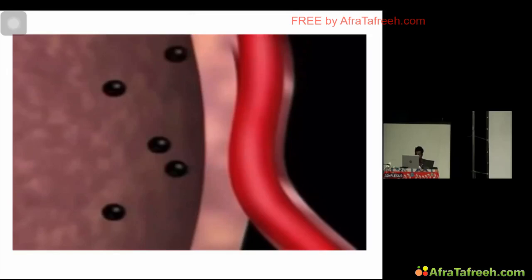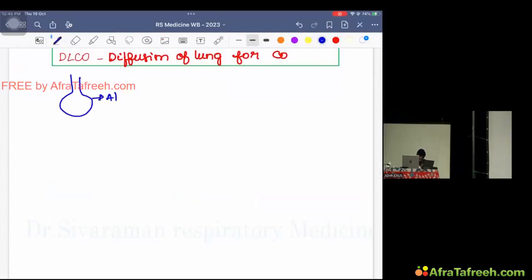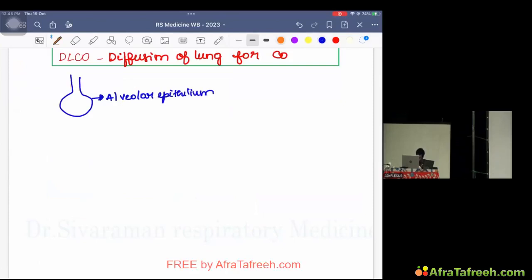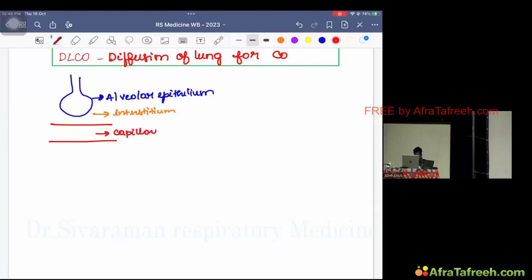So for gas exchange, it has to cross three important areas: the alveolar epithelium, the interstitium, and the capillary endothelium.